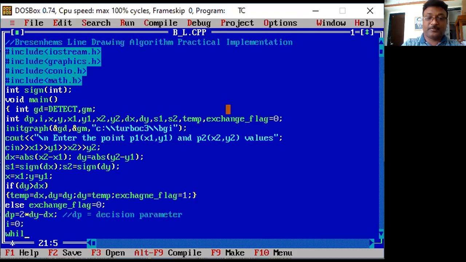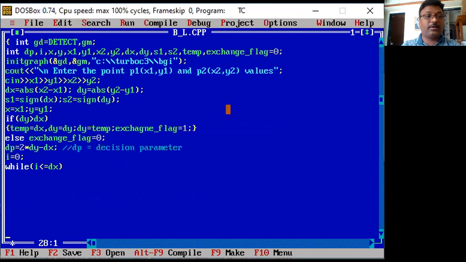Now while i is less than or equal to dx, this is my while loop. I have to put the pixel first. So putpixel is what? The value x comma y, because I have initialized the value x comma y, with color 15. So I have put the pixel.